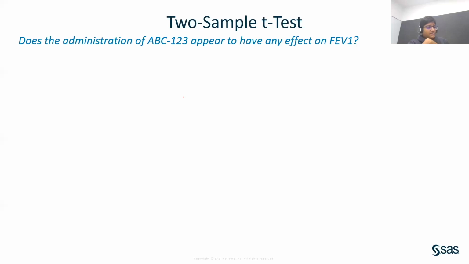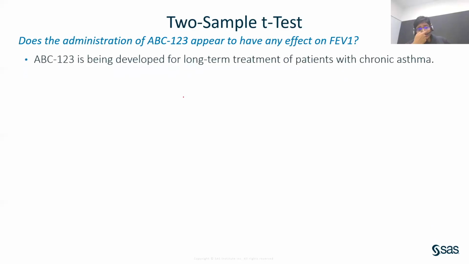It doesn't have to be a very focused asthma-related sample. So in a person suffering from any kind of respiratory problem, if they consume the ABC123 test drug, is there going to be any difference between the forced expiratory volume prior to administration as compared to after the administration?